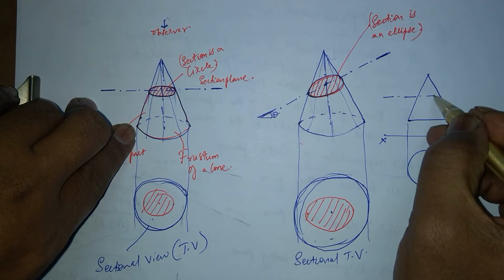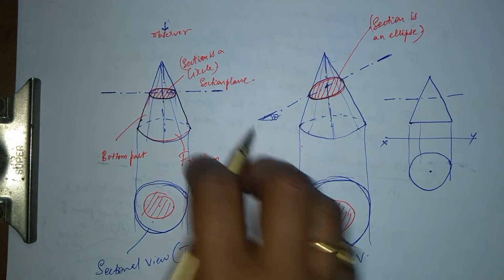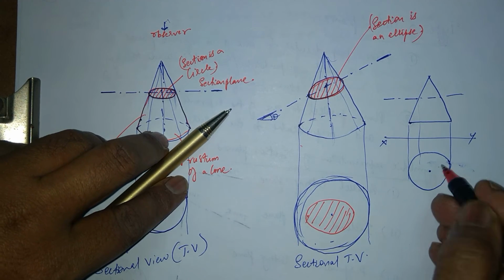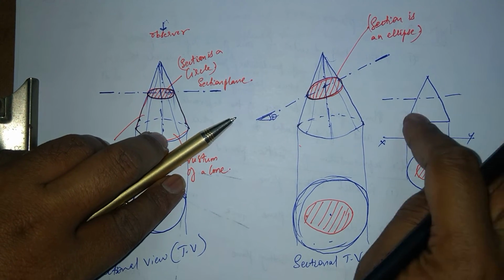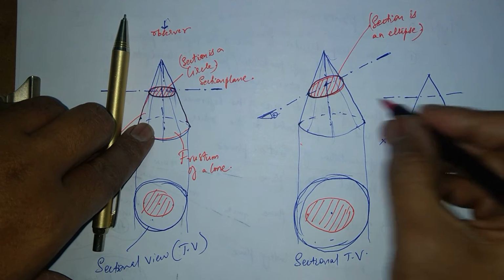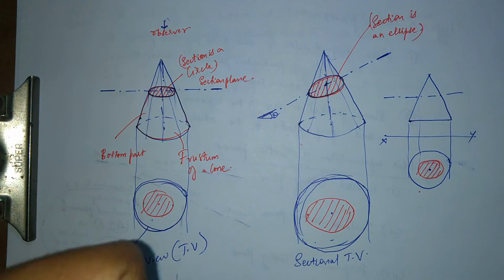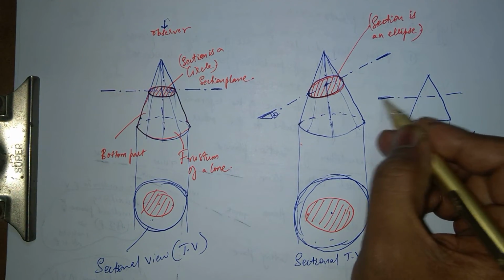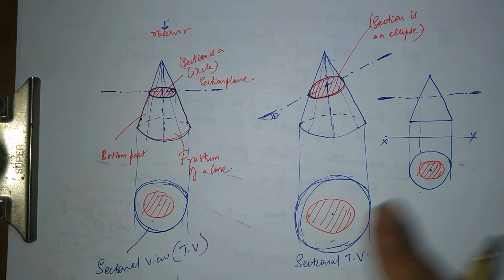This is the section part. If you bring this down, this is your circle over here, and this is your section. This is the front view and this is the sectional top view. You are seeing the section line, which is thick at the ends and thin in the middle.